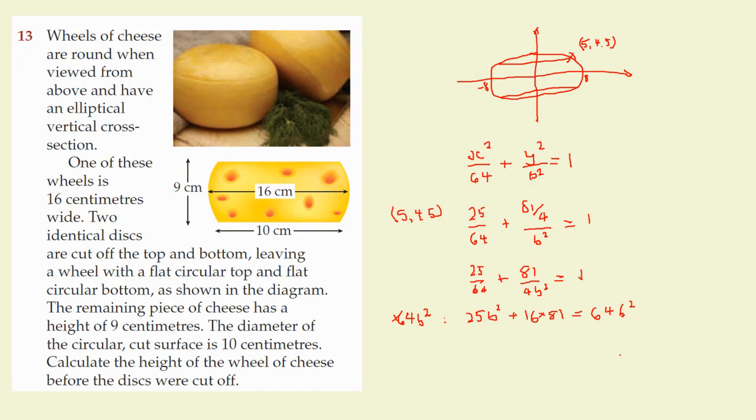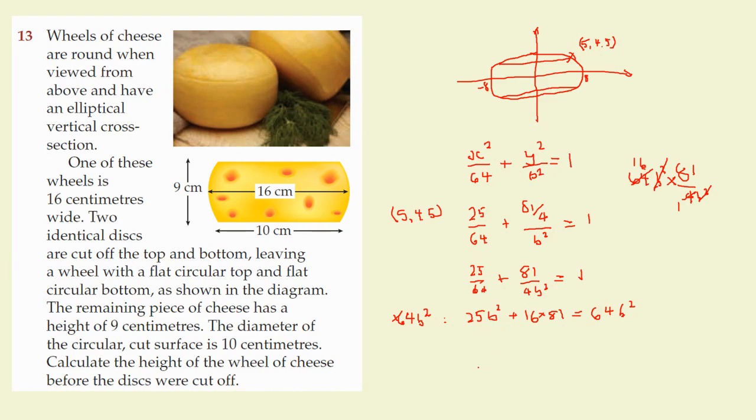So I had 81 over 4 b squared, and I was multiplying by 64b squared. The b squareds go, and 4 will go into 64 16 times. Is that okay?